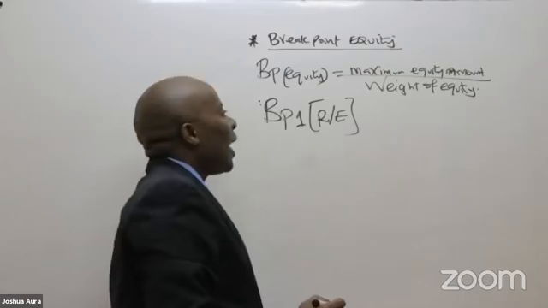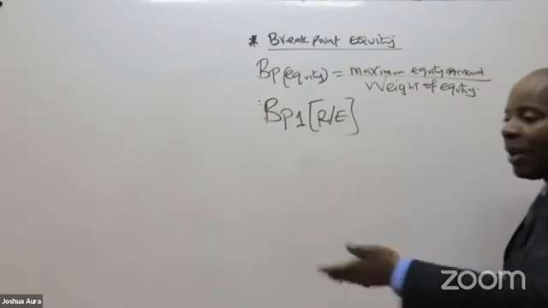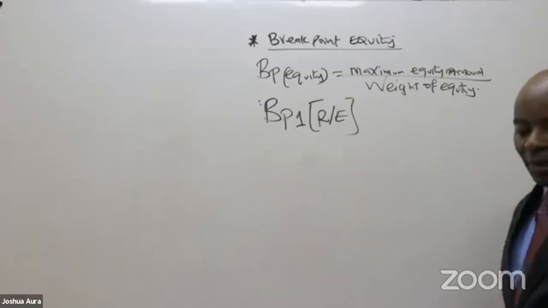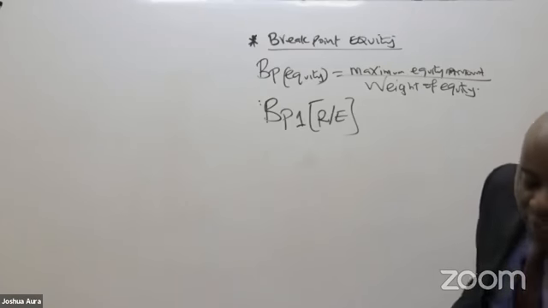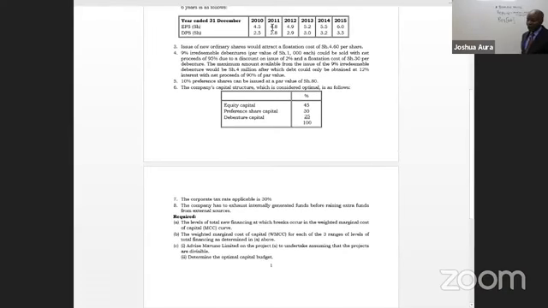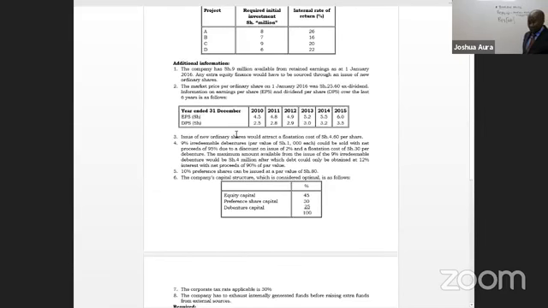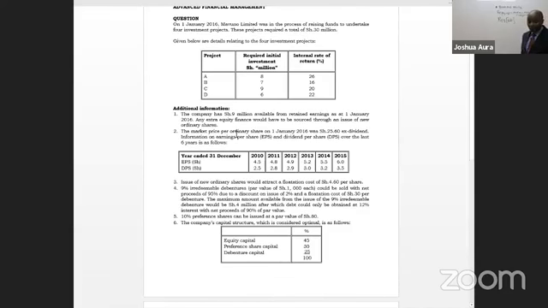And for retained earnings, in this case here, we'll work with the maximum retained earnings amount available. The examiner has told us, in additional information note one, that the company has 9 million available from retained earnings.